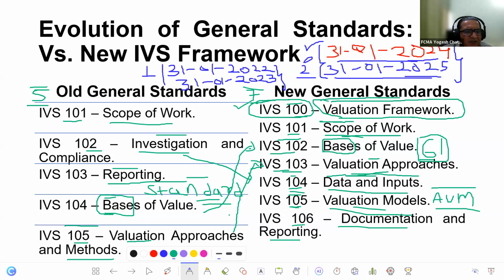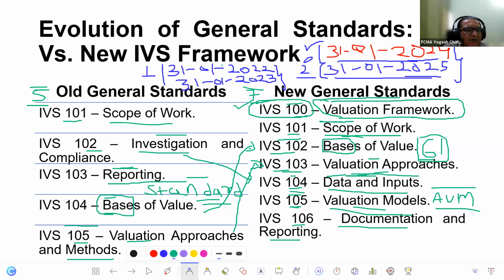So earlier, the documentation was part of reporting, but now retention of documents is a very important documentation. So guidance on that is now provided under IVS 106. So that is about the old general standard and the new general standard.